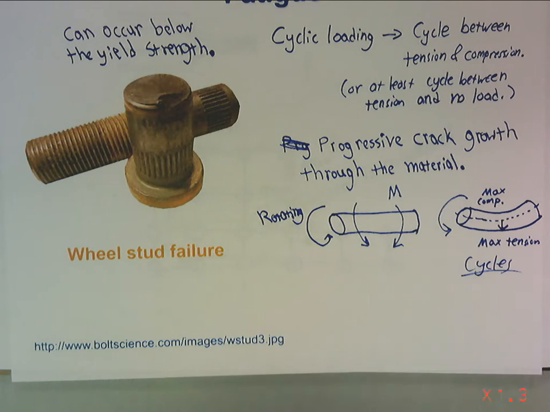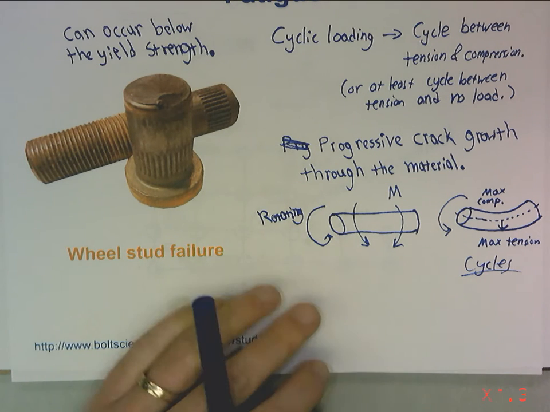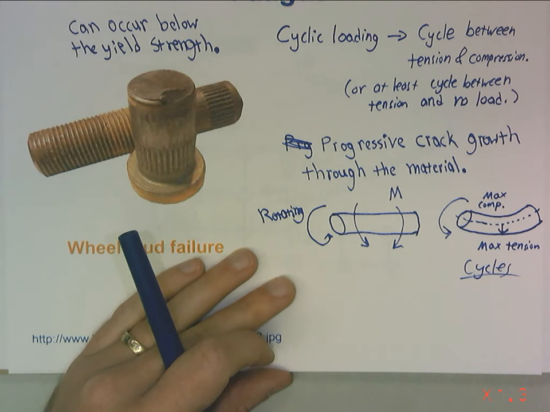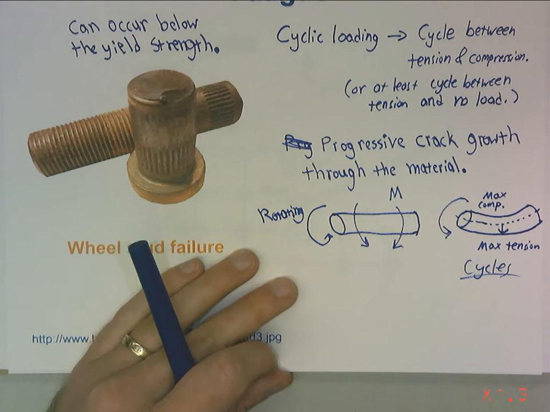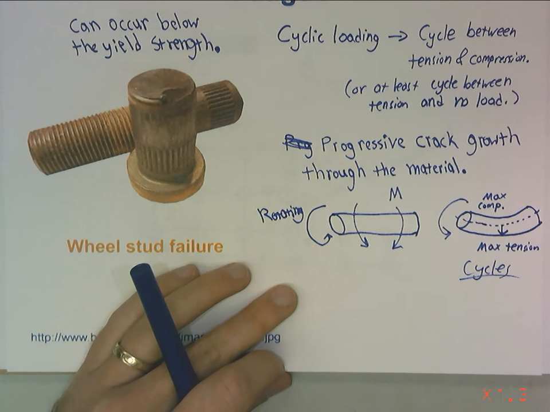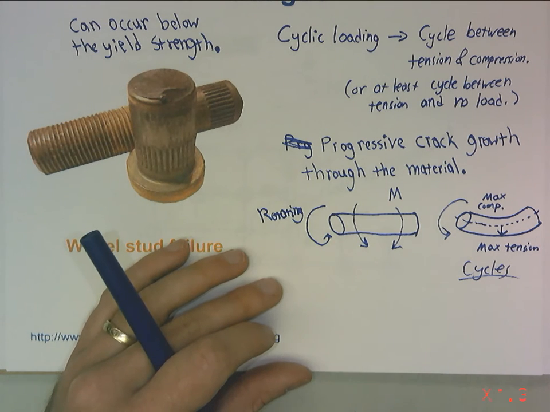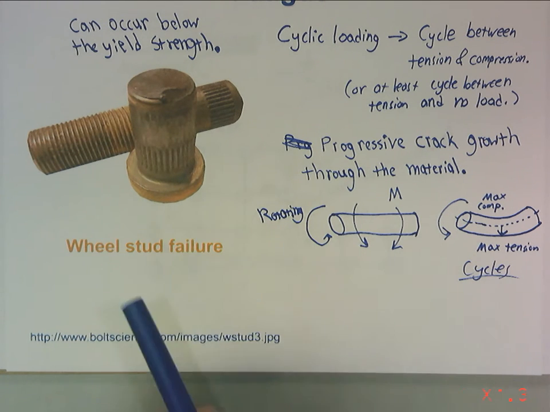also got kinetic energy. So by now, if you've watched the impact lecture, I've already told you about how insidious kinetic energy can be when added on to what we think should be a static type problem. Well, because we've got a rotating part, we've got kinetic energy. It's mass that's in motion.